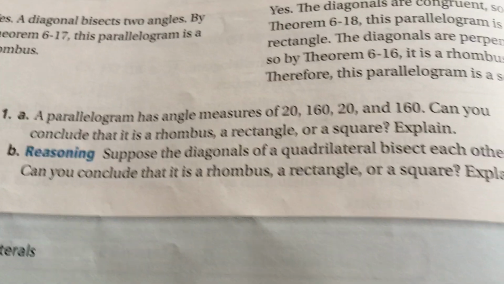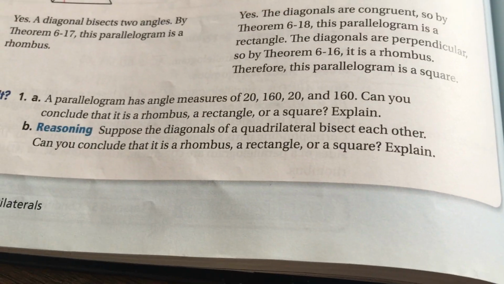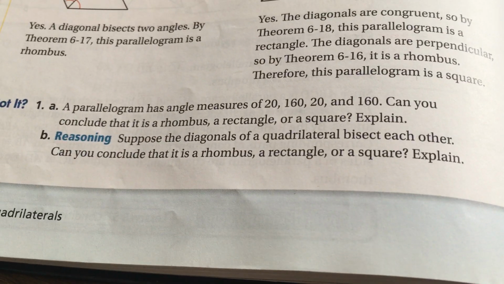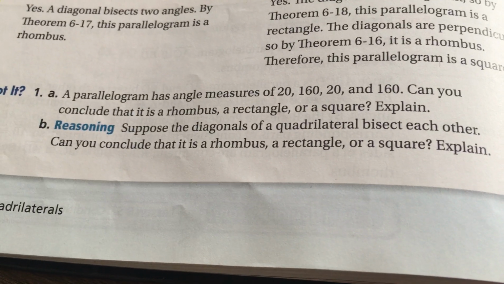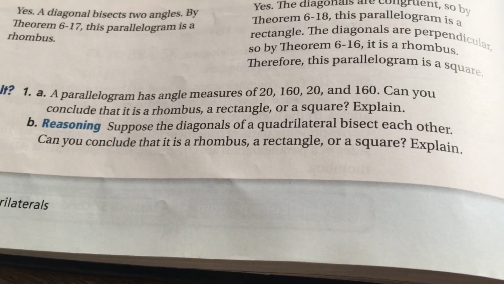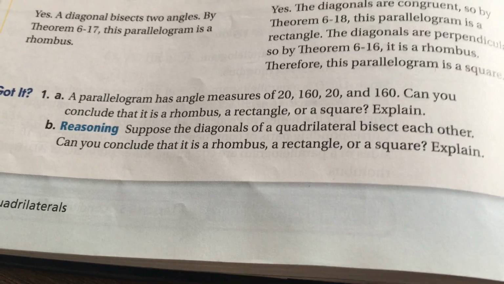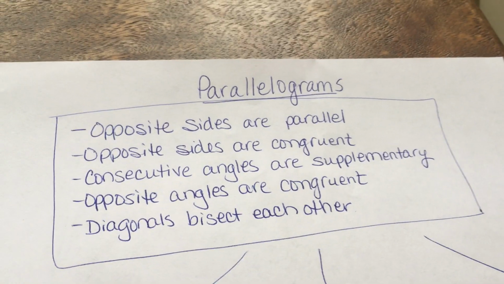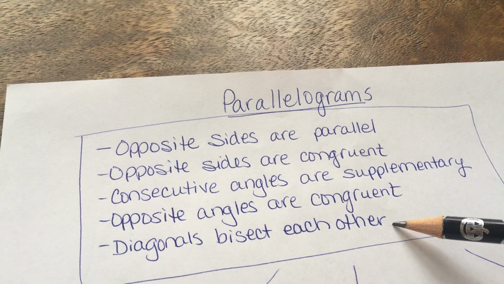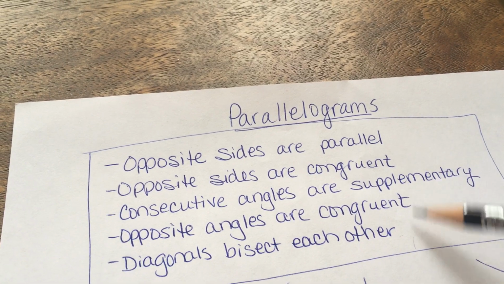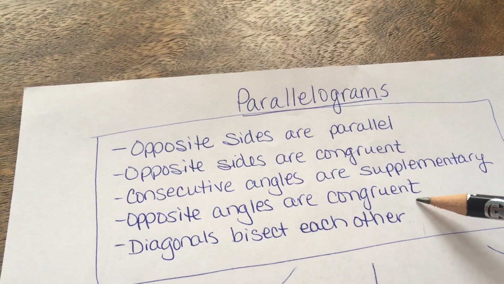Okay, now part B in the Got It says, suppose the diagonals of a quadrilateral bisect each other. Can you conclude that it is a rhombus, rectangle, or square? So if diagonals bisect each other, that's in my list of things that a parallelogram does.